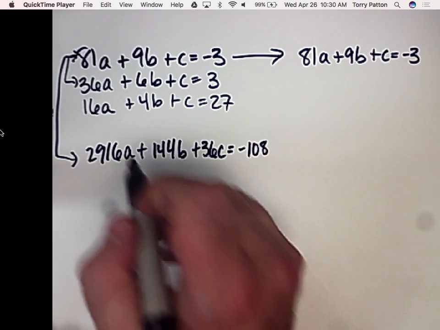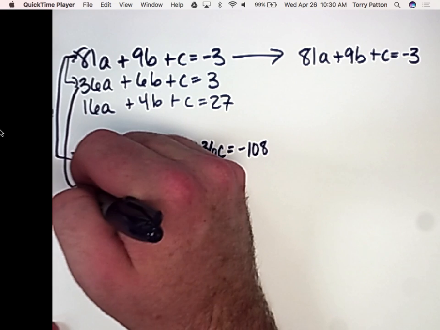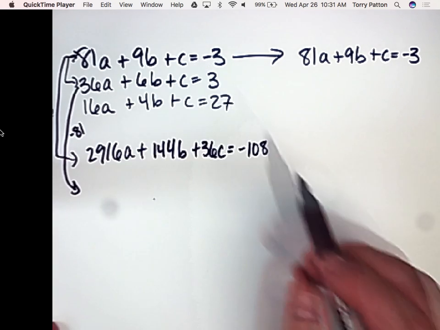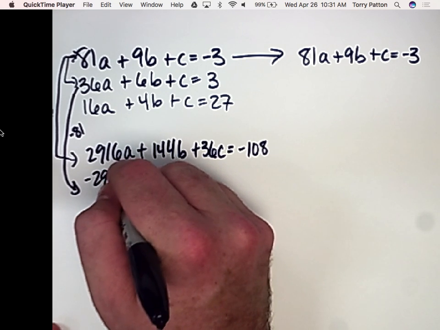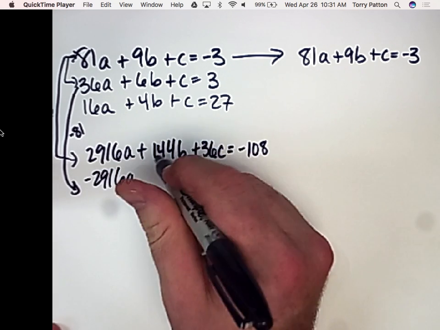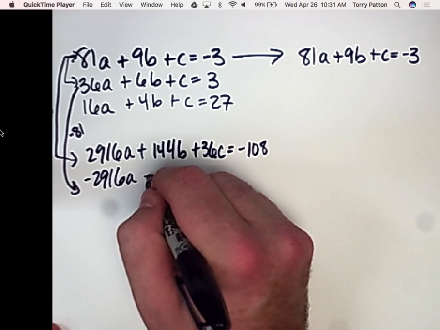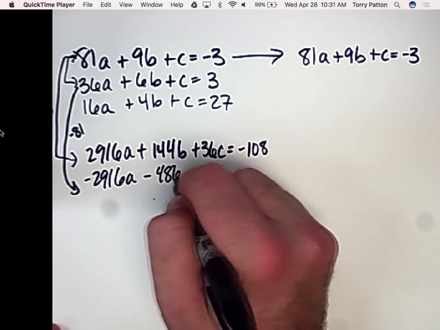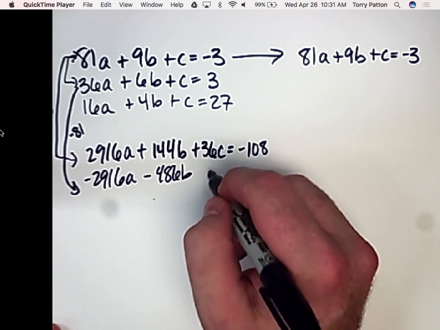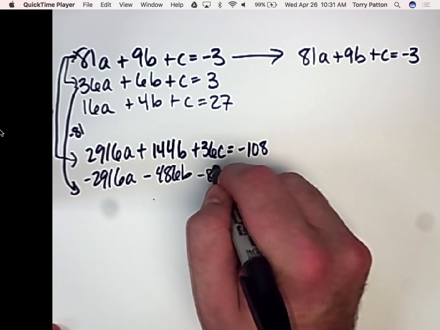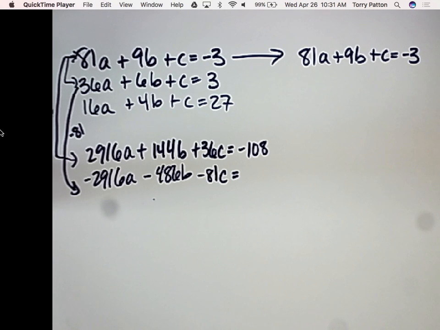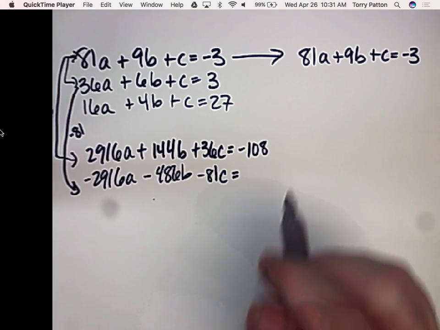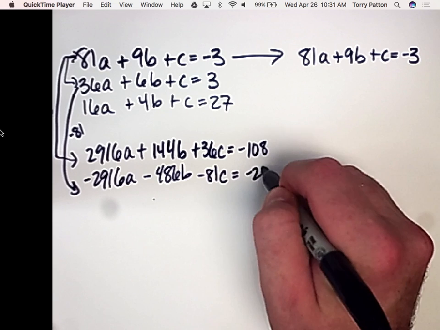Okay? If we multiply the second one by negative 81, we're going to get negative 2916a minus 486b minus 81c equals 81 times 3 is minus 243.